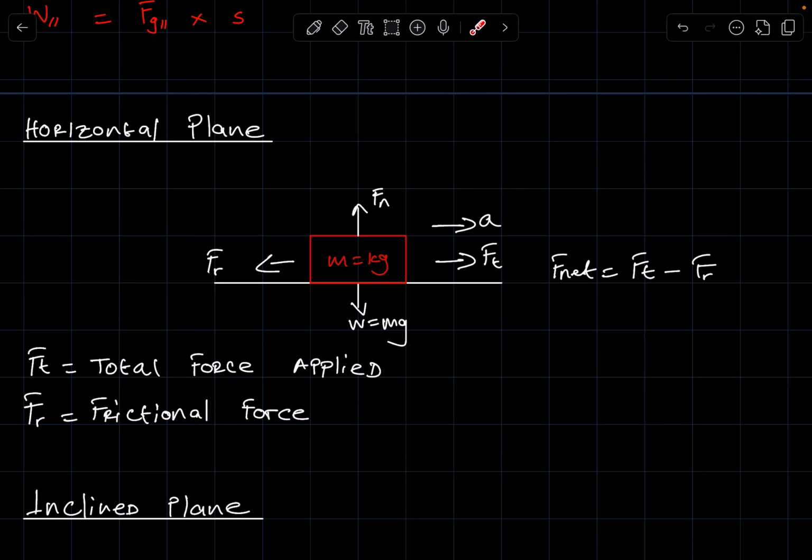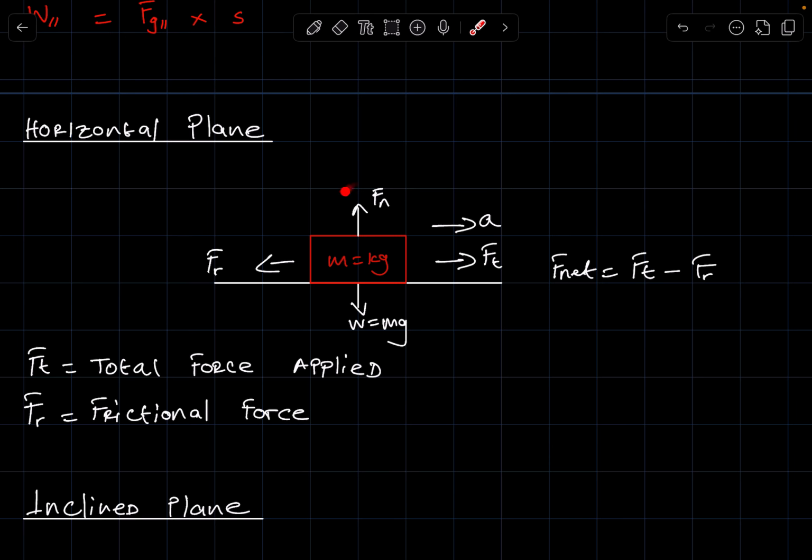Regardless of the plane where the object is moving, the weight of the object is always acting perpendicular to the ground. And the weight is equal to mass times gravitational acceleration. And then going against or opposing weight will be the normal force.